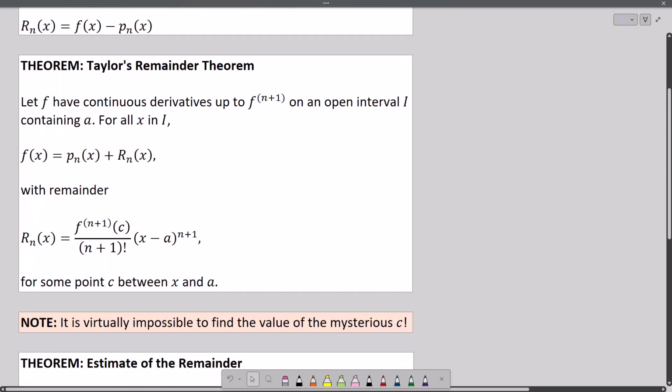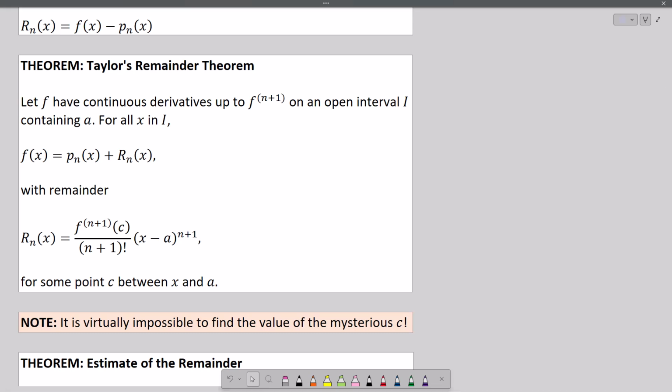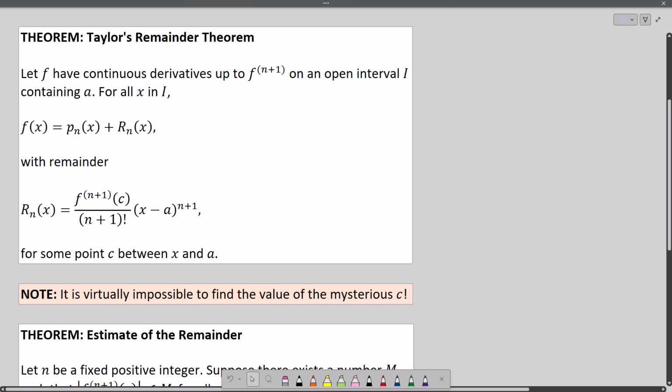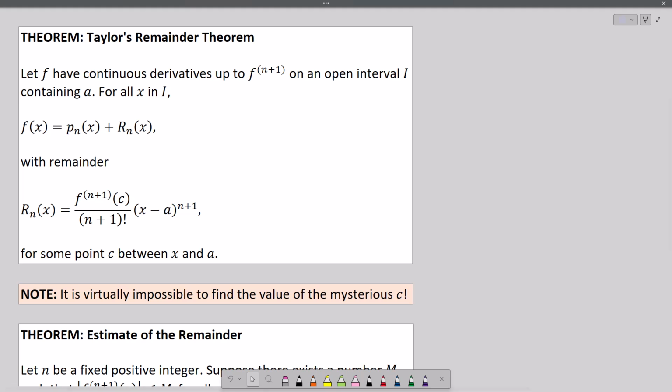So this is one of those remainder things that we're not going to look at in great detail, but we're going to talk about it. This is super interesting. When you look at your Taylor polynomial, your coefficients are found by taking the nth order derivative at the center, where a is always the center, divided by n factorial.